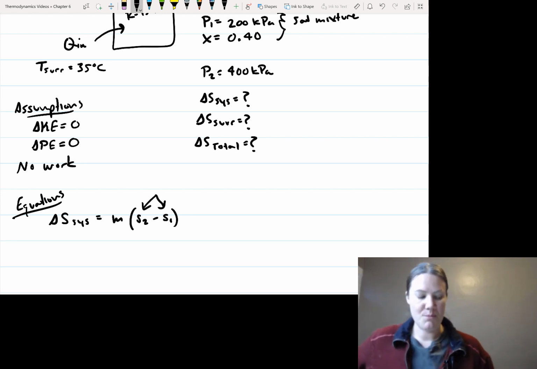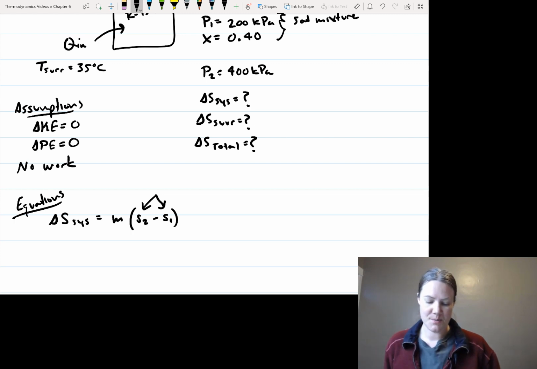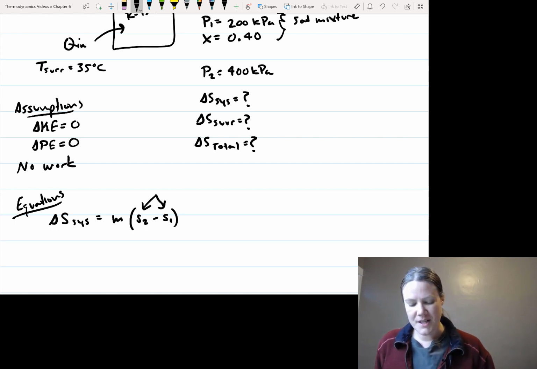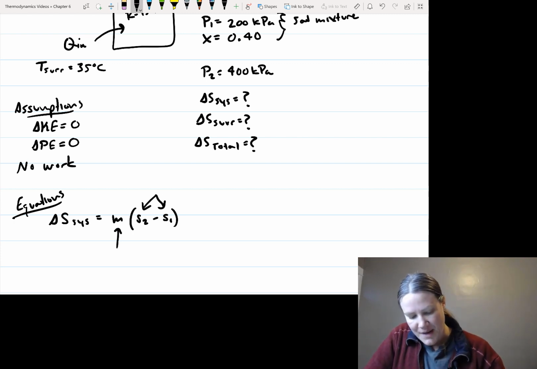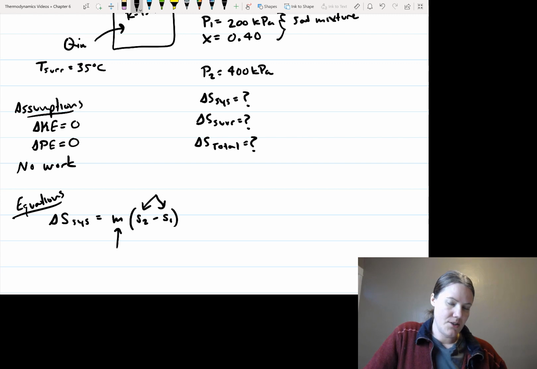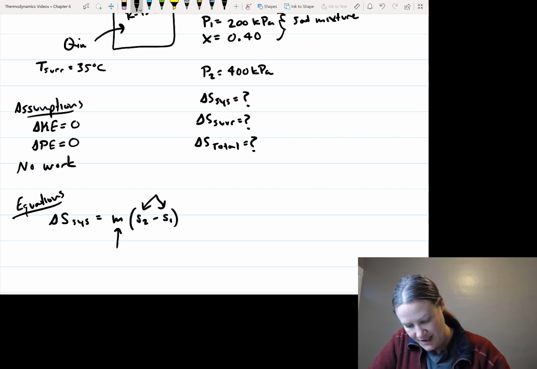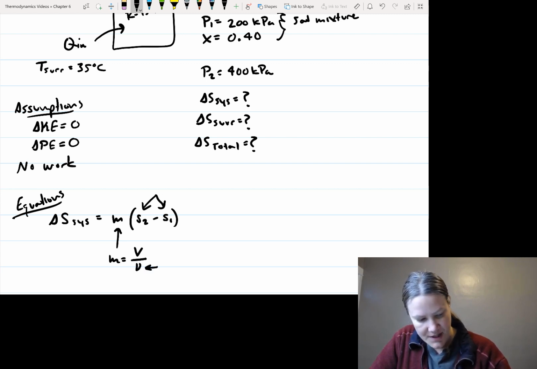The reason we're multiplying by the mass is because the entropy data on the table is on a per mass basis. And we can also calculate the mass because we know the volume and we can look up the specific volume on the table. So mass is equal to V over the specific volume, and we're going to get this from the table.